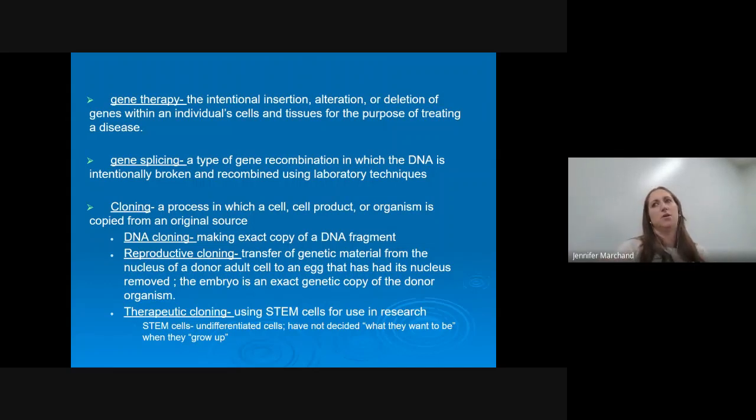We're talking about combining sex cells in a test tube, and searching and selecting for certain hair color, certain sex. Those are all things that can be done. We can also do gene splicing. We do this with stem cells to help cancer patients.